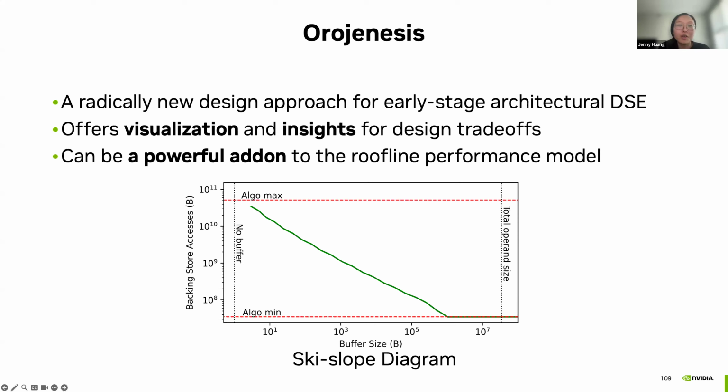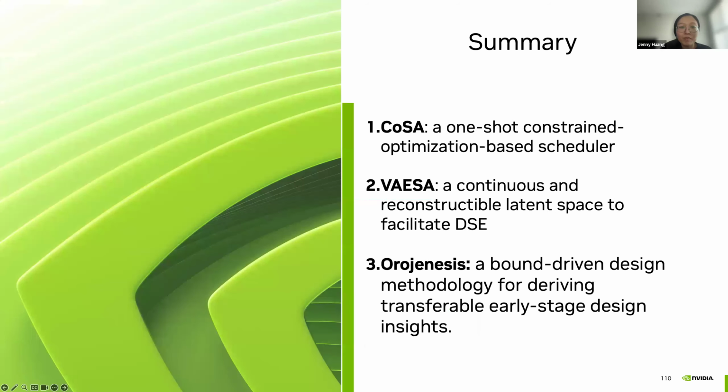So to conclude, this is a radical design approach for early-stage architecture design space exploration. It offers visualizations and insights for design trade-offs and will be a very powerful add-on to the roofline performance model for very fast speeds and feeds analysis.